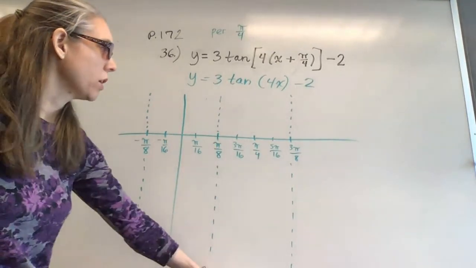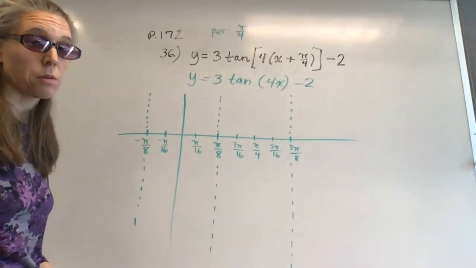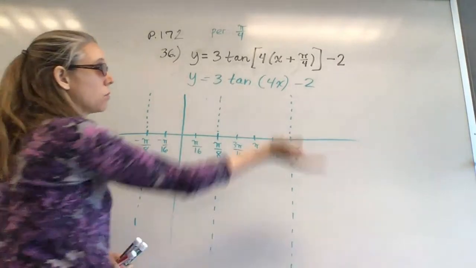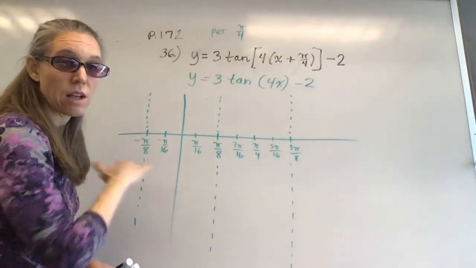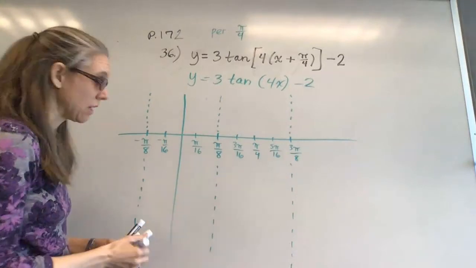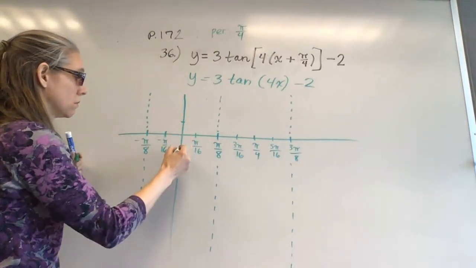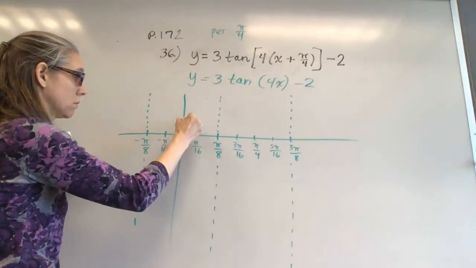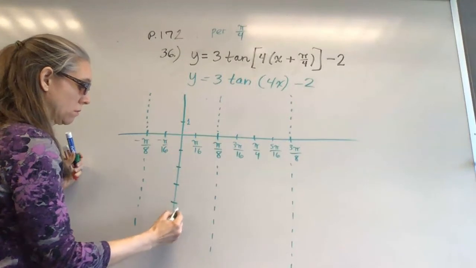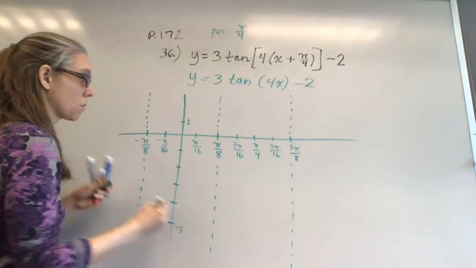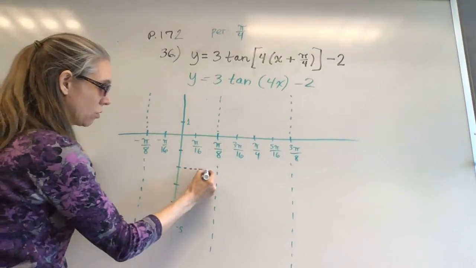Okay, so what you might find helpful, and I should have done this on the previous problem because that would have been helpful, is that when you have a vertical shift, you can draw a horizontal dotted line. My horizontal dotted line is going to be at -2.